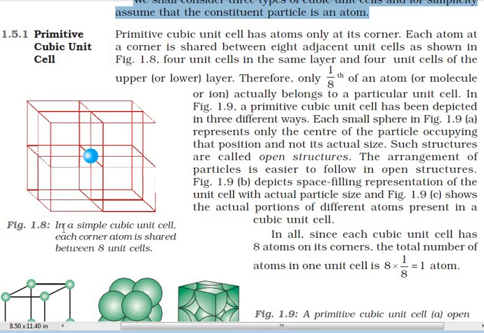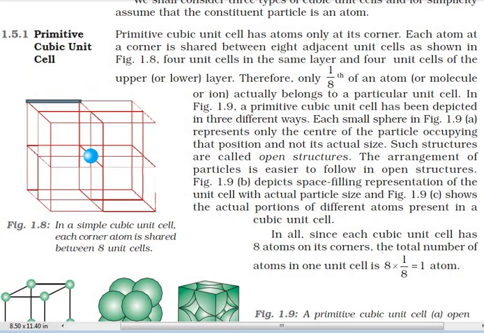Now if you are making a three-dimensional structure, then each of these 8 corners is shared with other adjacent unit cells, and that's the reason in figure 1.8, where the 4 unit cells in the same layer, these lower layers 1, 2, 3, and this back one, this 4, the lower fours and upper fours 1, 2, 3 and 4.